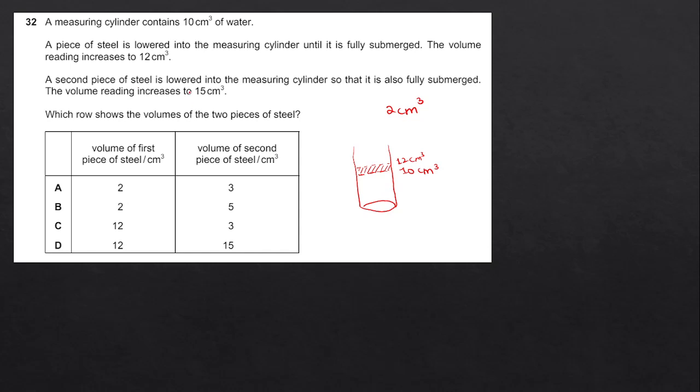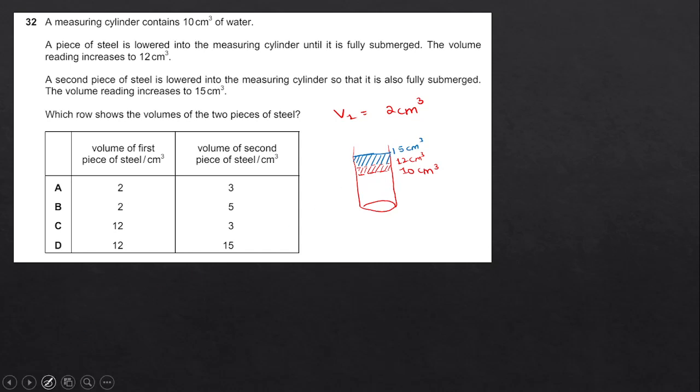Now a second piece of steel is lowered into the measuring cylinder so that it is fully submerged. The volume reading increases to 15 cm cube. Now they are saying that we have one more piece of metal and we have submerged it. The volume of the first metal was 2 cm cube, so V1 is 2 cm cube.